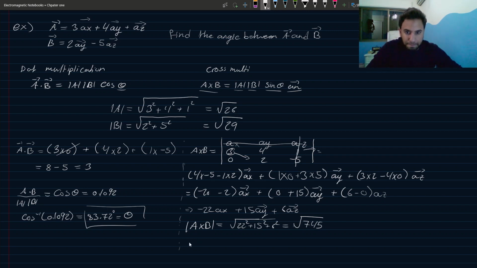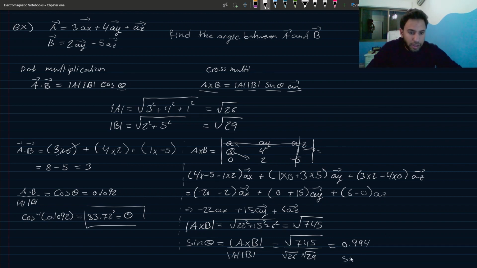And now we can say sine theta is equal to the magnitude of A cross B divided by the magnitude of A and the magnitude of B. And this equals square root of 745 over the square root of 26 and the square root of 29, which gives us 0.994.